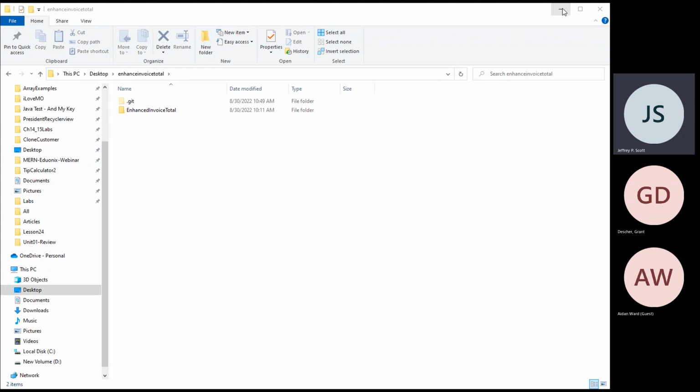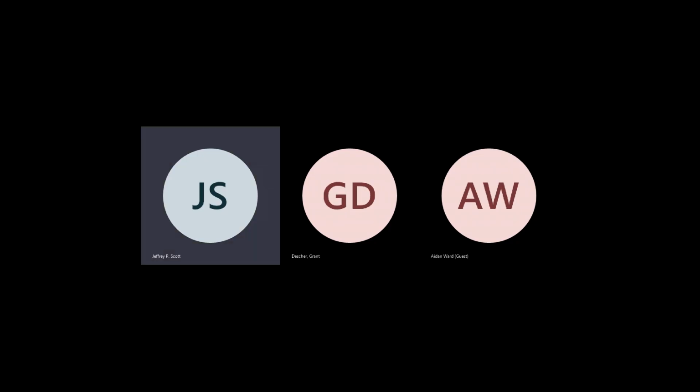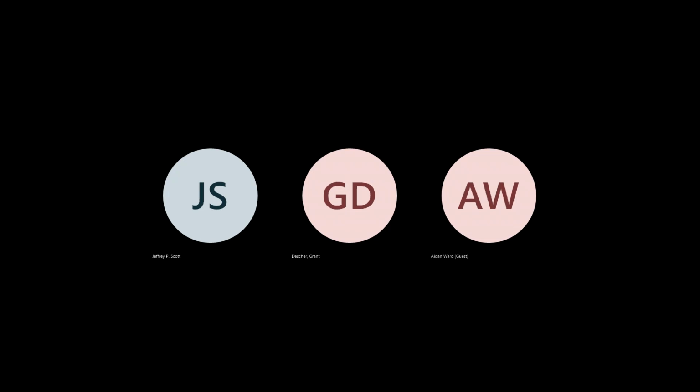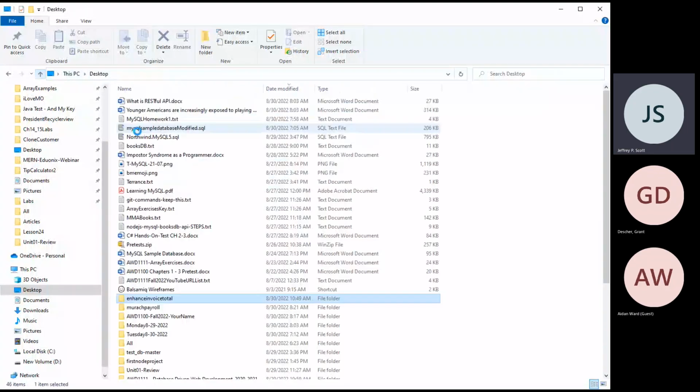So let me play here with my share. In fact, I'm going to come in first and totally close Visual Studio out. I'm closing that. Now I'm going to go back to my share here. Now this is right now called enhance invoice total.